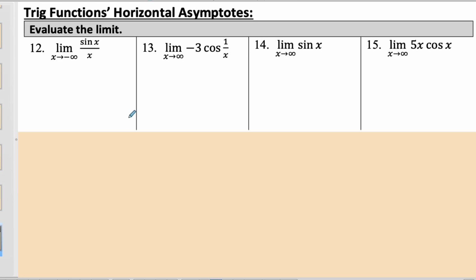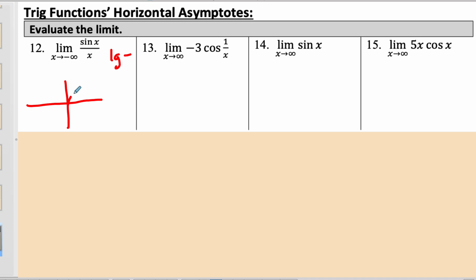All right, let's evaluate the limit when we have a trig function in it. Okay, so as x goes to negative infinity, this is going to be a large negative number. So it's in the negative direction. As x goes to negative infinity, remember what sine looks like.